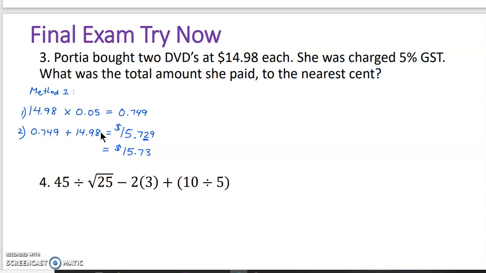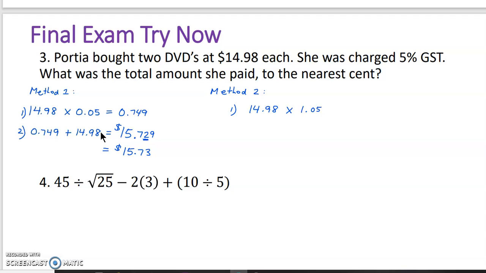This kind of method is really fast and effective, especially when you want to know the amount of GST. But another method that I actually prefer, if you need to know the total amount, is to add first. So you can think of the decimal as being 0.05 plus 1 whole. So when I do method 2, I take the price, $14.98, and instead of multiplying by 0.05, I multiply by 1.05.